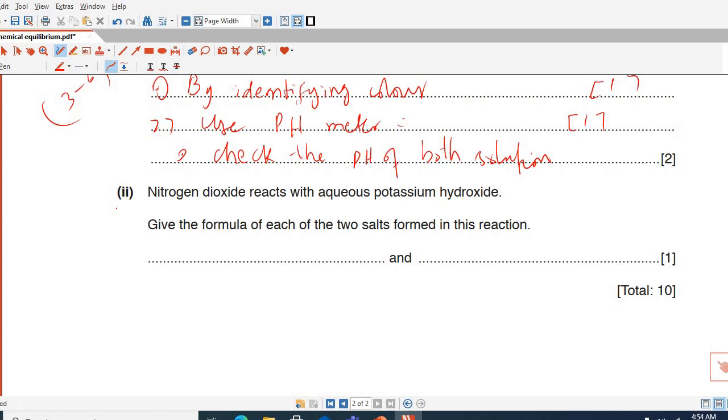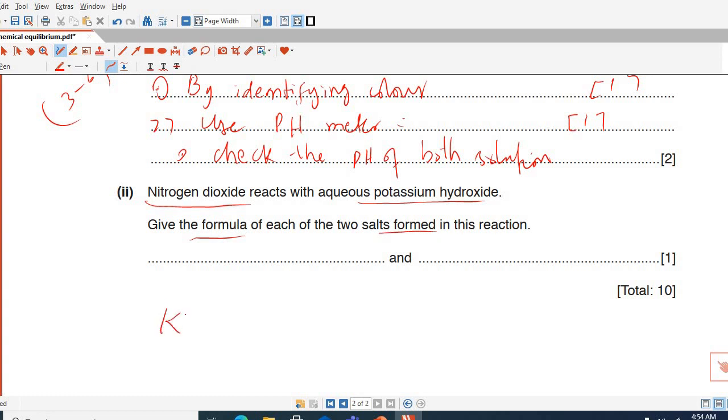Now the second part is that when you are reacting nitrogen dioxide with sodium hydroxide, aqueous sodium hydroxide, the 2 salts will be produced. Give the formula of each of the 2 salts produced.